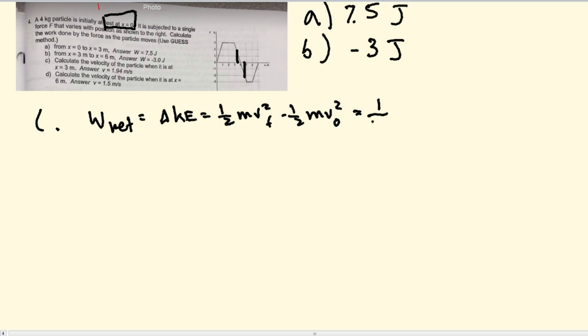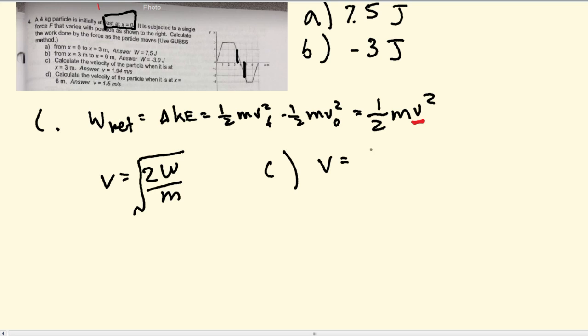So your equation that you're going to be using is 1/2 mv squared. So let's try to isolate our velocity here. So we have velocity is equal to the square root of 2 work over mass.